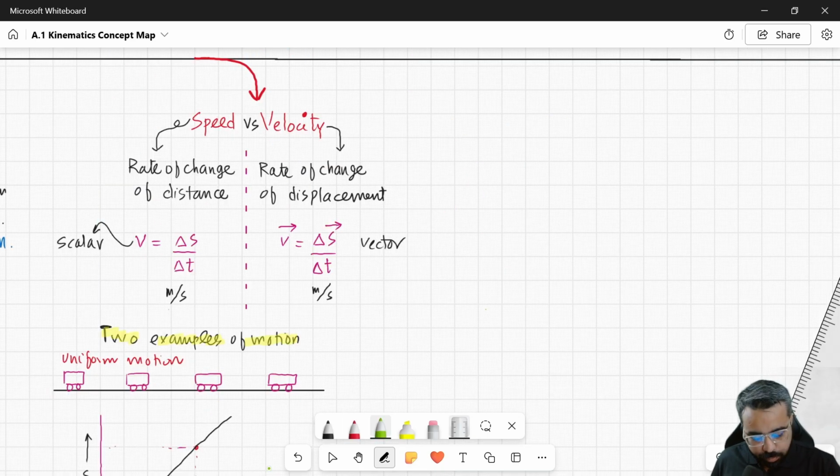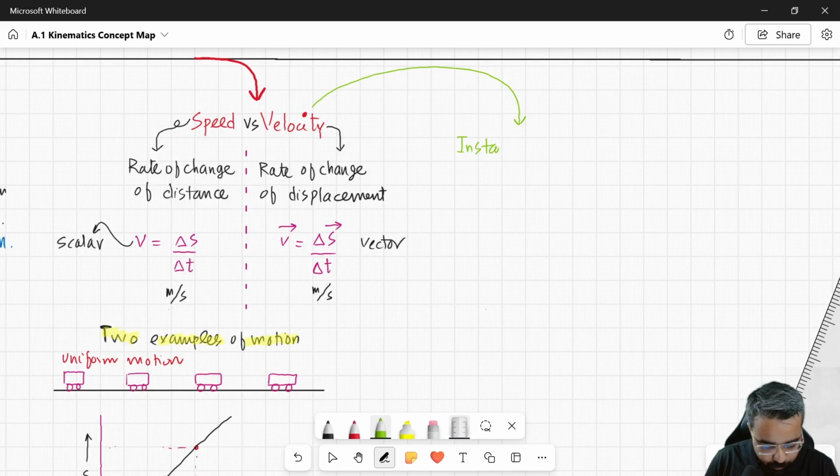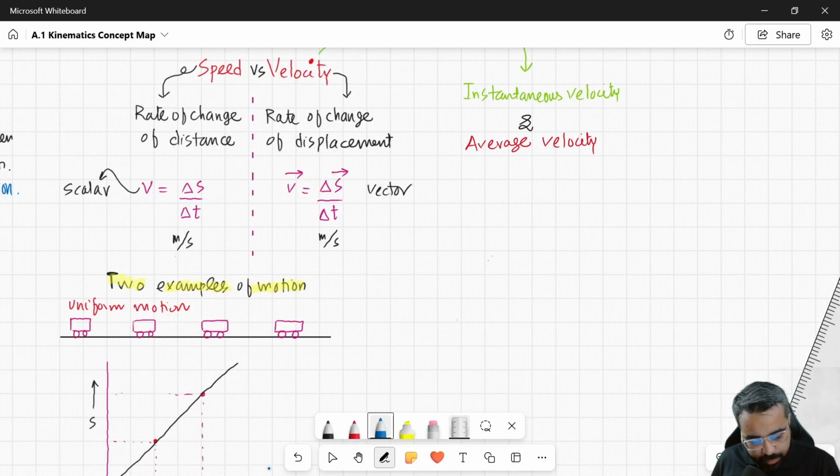So now let's move towards the very important terminologies, which we call instantaneous velocity as well as the average velocity. So what is the difference between these two? So students, what is the instantaneous velocity?